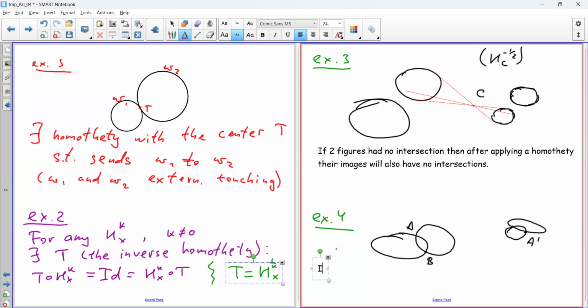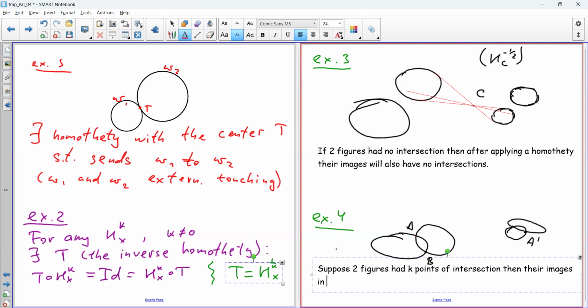So suppose two figures had k points of intersection before, then their images under the homothety will have the same amount of intersections.